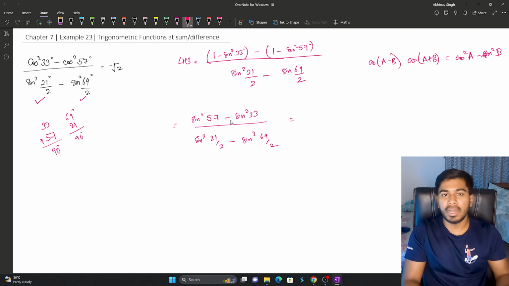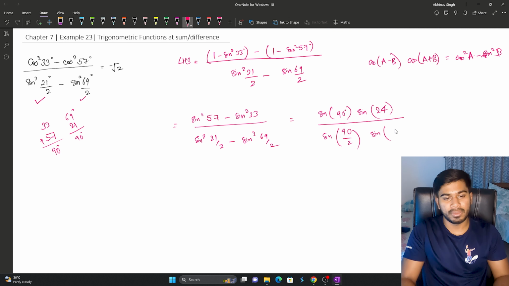So now you can use your formula, and the numerator will be sin 90 degree into sin of (57 minus 33), 24 degree, and the denominator will be sin of (a plus b), which is 90 by 2, and then sin of (a minus b), so 48 by 2.